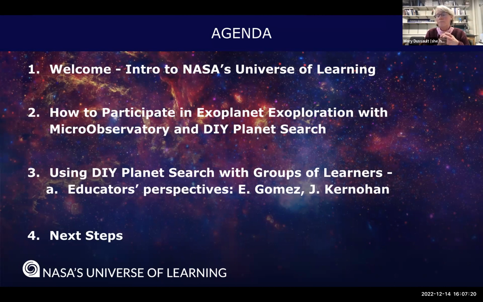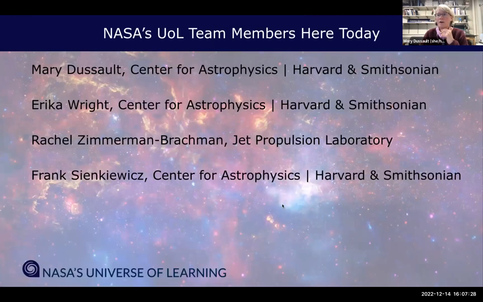We'll also get a little bit of input from some educators we have on the line. A lot of the folks on this webinar I know are educators, and hopefully we'll get a little insight on how it's gone with their classrooms, and then we'll look forward.